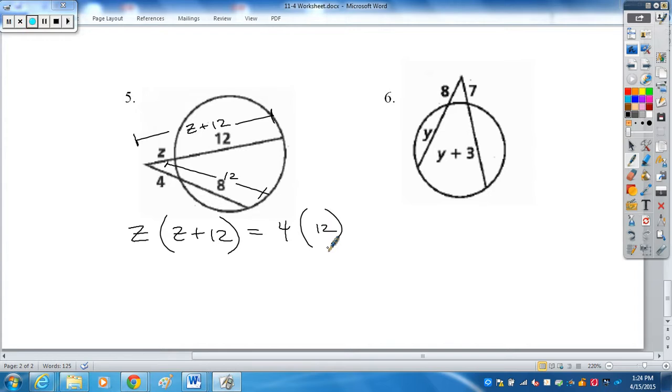Okay? Now, you'll notice, if you've already started working on it, that this is going to end up being a quadratic. Z squared plus 12z is equal to 48.